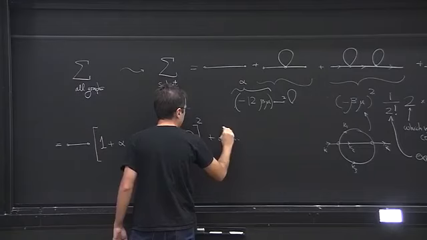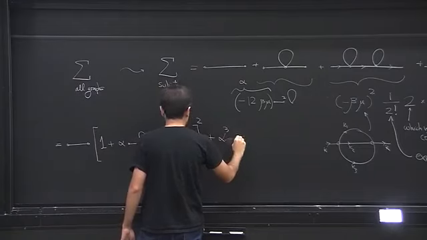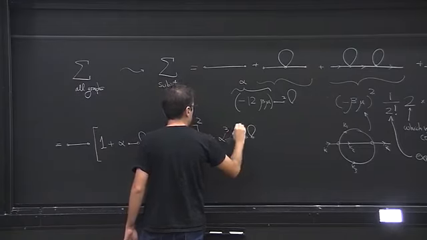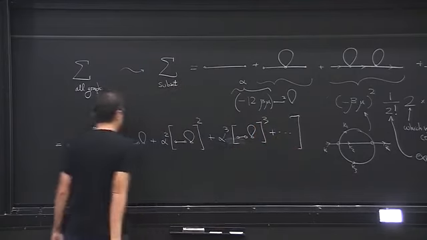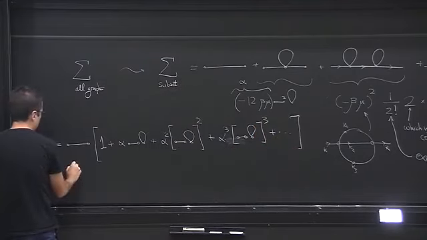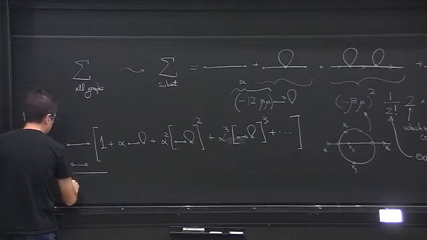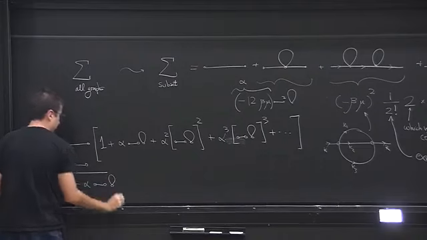Let's write one more term: plus alpha cube propagator bubble cube plus dot dot dot. But that's just equal to propagator divided by 1 minus alpha propagator bubble.